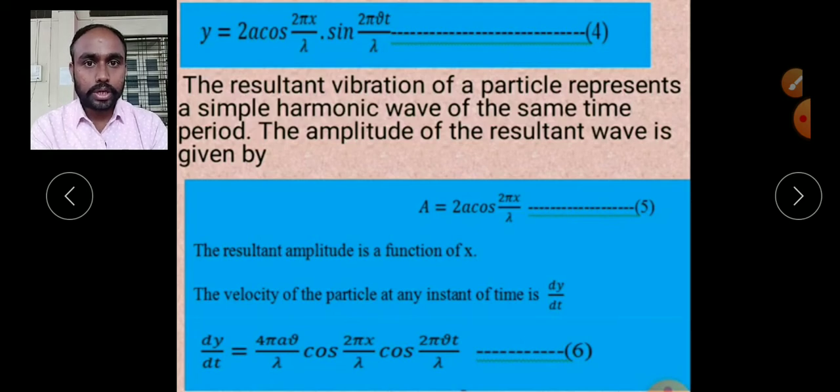The derivative of cosine is minus sine, so minus sine 2 pi Vt by lambda, and by the chain rule, the derivative of the inner theta, 2 pi Vt by lambda, gives 2 pi V by lambda, since the derivative of t is 1. So 2 pi V by lambda, with negative sign, and this cos becomes sine.